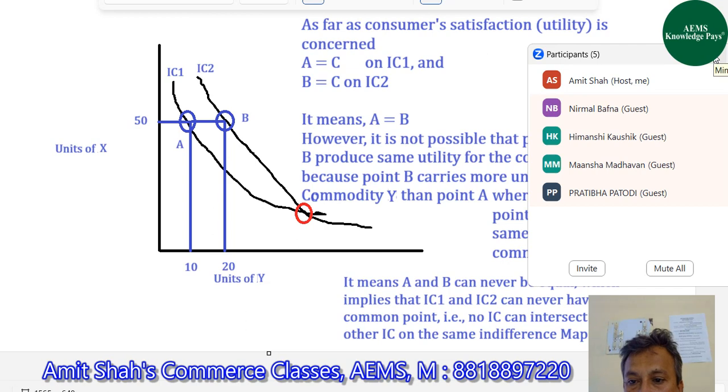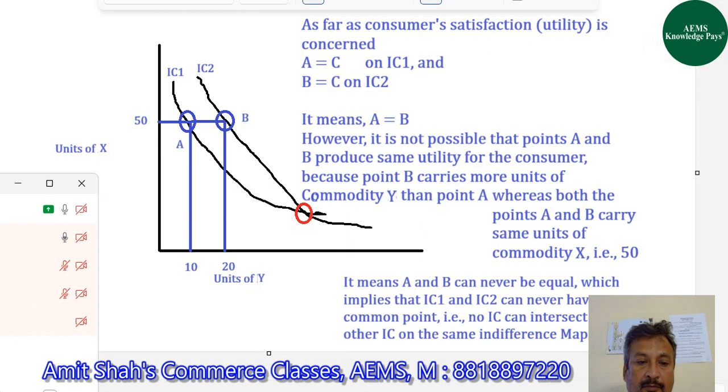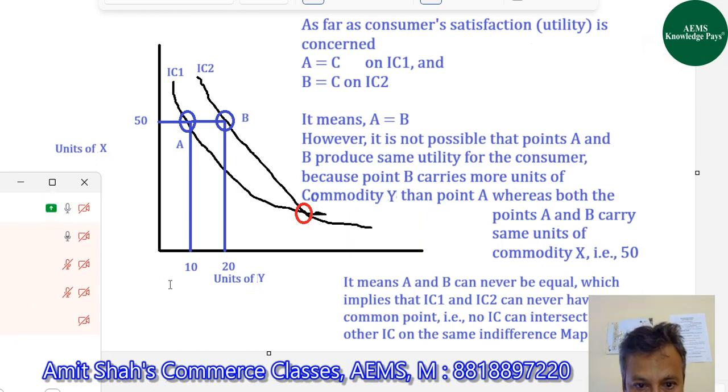Sir, point A. Himanshi? Sir, point B. Why point B? Because it is increasing from 10 to 20.